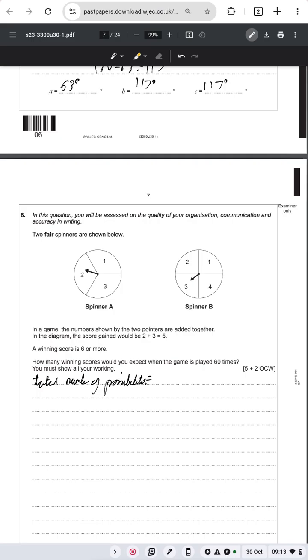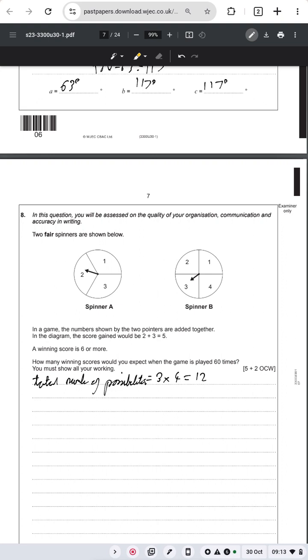So we're going to end up with 3 times 4, which is 12. So we could have 1 1, 1 2, 1 3, 1 4, 2 1, 2 2, 2 3, 2 4, or 3 1, 3 2, 3 3, 3 4. That's our 12 possibilities.